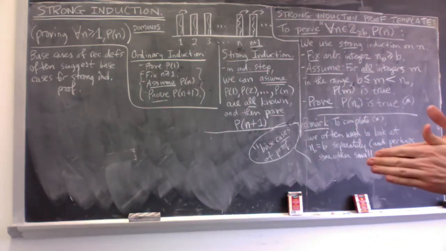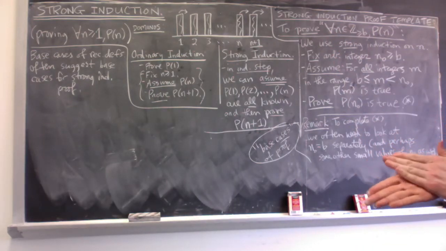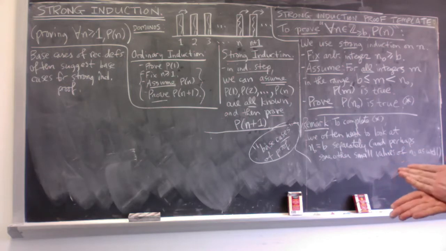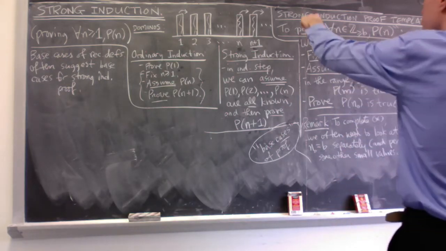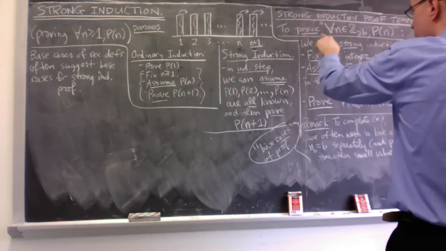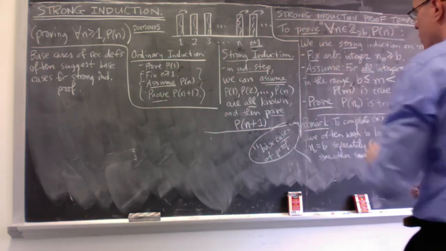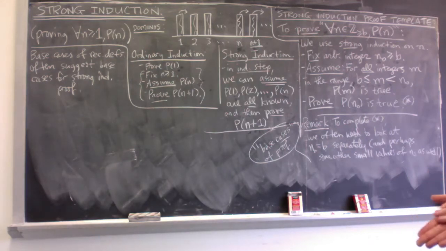And the answer is no. We already talked about the ordinary induction axiom, and it's actually possible to prove from that axiom that this method does in fact prove this statement. So you're proving that the proof template works in general.